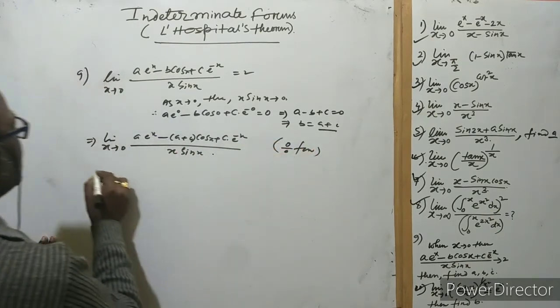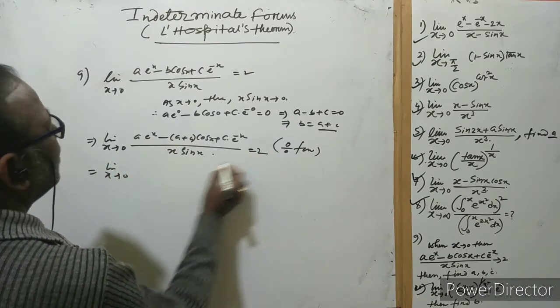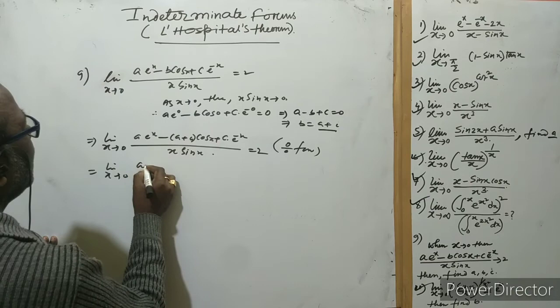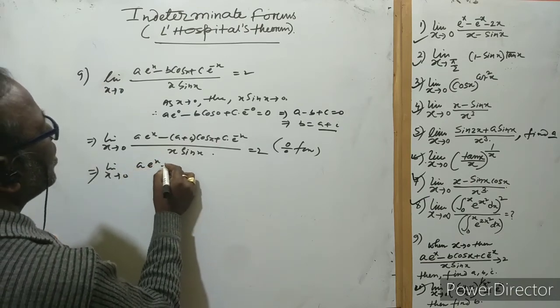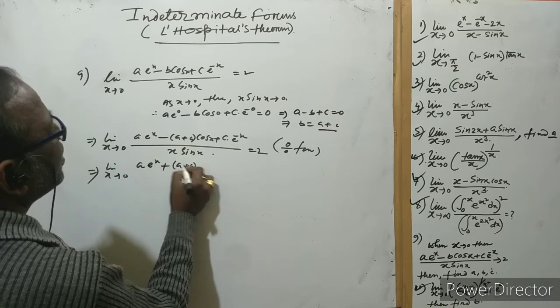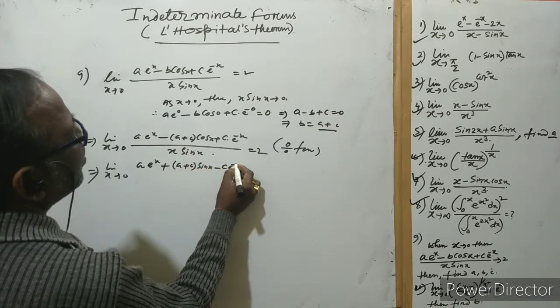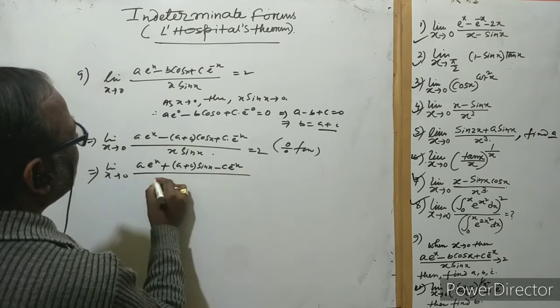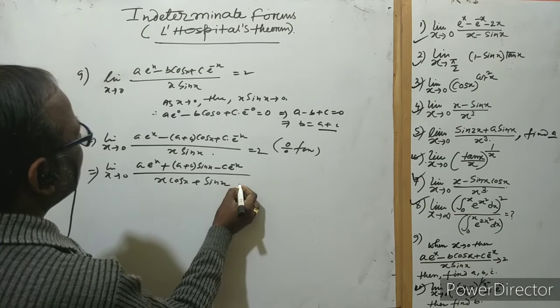So apply the L'Hospital rule, limit x tends to 0, a e to the power x minus a plus c sin x minus c e to the power minus x by x cos x plus sin x.